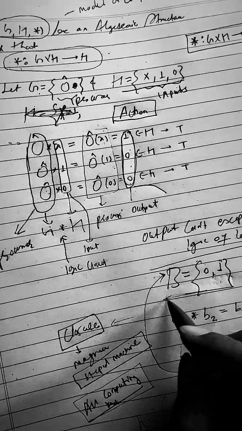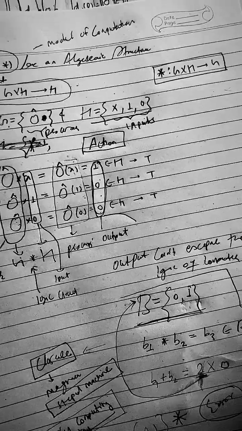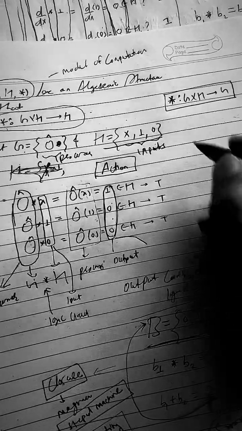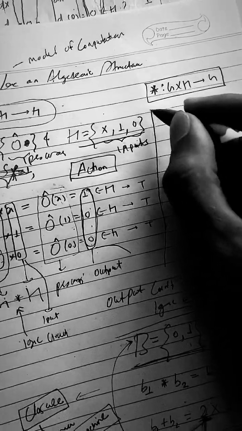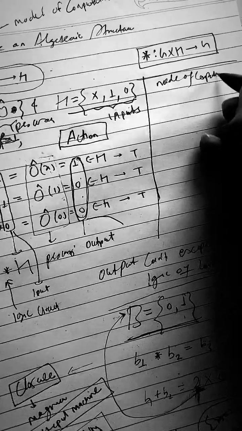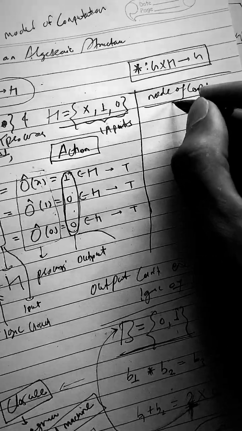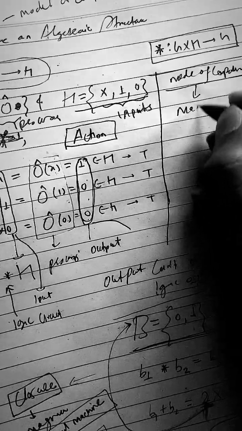To make the computer more advanced, more powerful, we have to design a different mode of computation, a different computing device, let's say a machine.